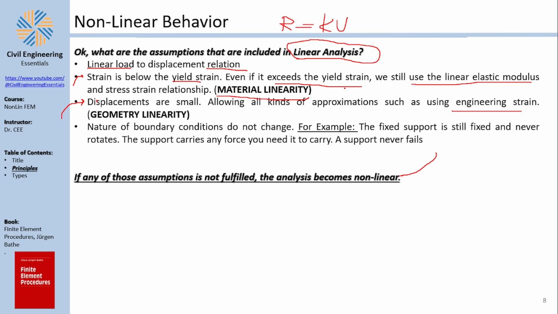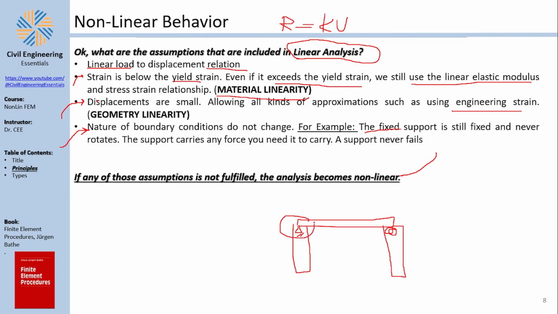Something I did not mention before is the nature of boundary conditions. A pin is always a pin in linear analysis. Even if I apply an infinite amount of load, the pin will always be able to support it. Fixed support is the same here. However, that is not true, because there are conditions where the support fails. When I put a beam like this and I put a pin here and a roller, well, that's a lie, because the pin is actually a column carrying the beam and the roller is actually a column carrying the beam.